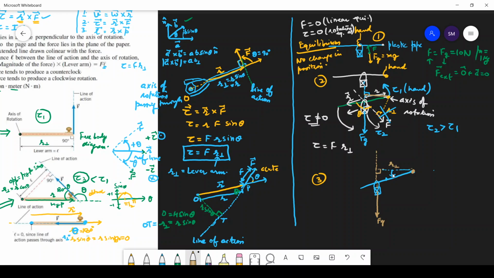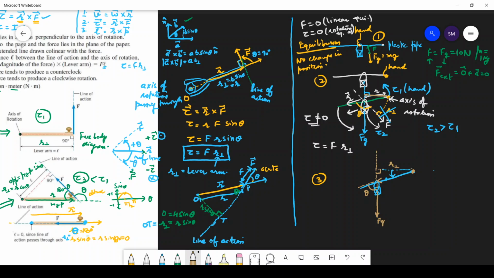So you can clearly see, where is the angle? This axis of rotation, this length is your R. This is the direction of R and this is your F. So this is angle theta. Where was your angle theta in this case?